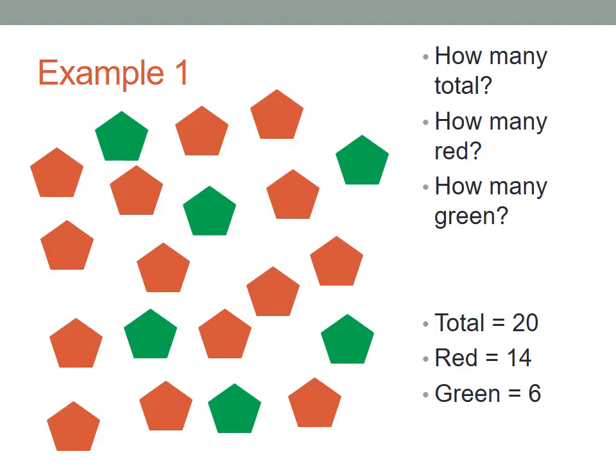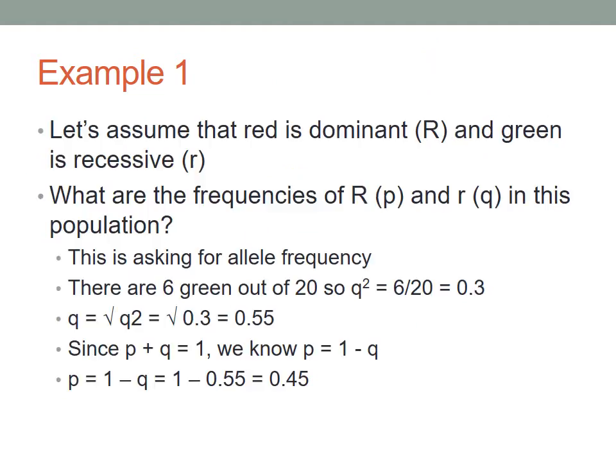Now we're going to use this information to calculate some frequencies. So we're going to assume that red is dominant, and we're going to say that since it's dominant, it's a big R, and that green is recessive, which is a little r. And we're going to assume this because there's way more red than there are green. So then, what are the frequencies of big R and little r?